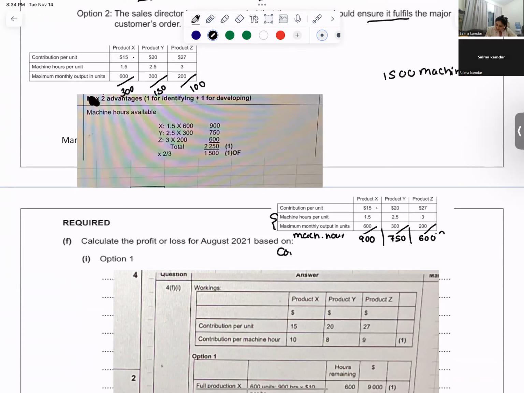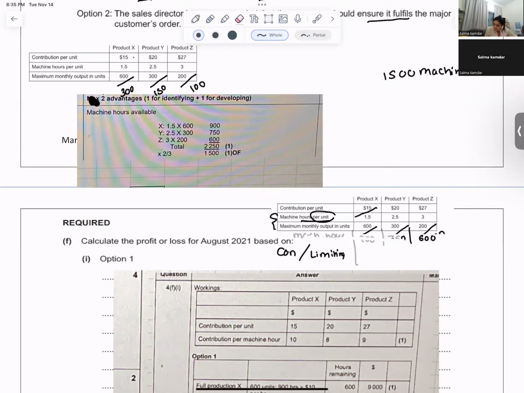So now I will find contribution per limiting factor, that is contribution per machine hour. So machine hour per unit. I want to find contribution per limiting factor, so I will take contribution divided by machine hour per unit.